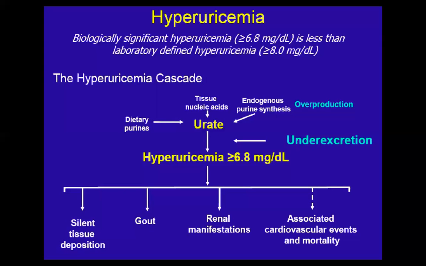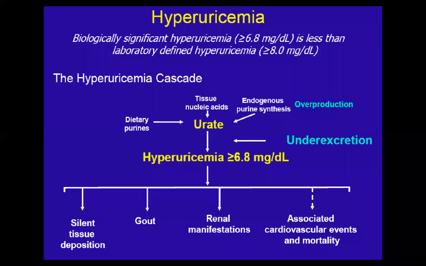Hyperuricemia. The hyperuricemia cause is urate overproduction, in situations like increased dietary purine, increased tissue nucleic acid, and increased endogenous purine synthesis.